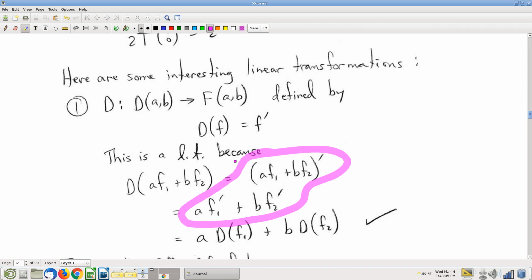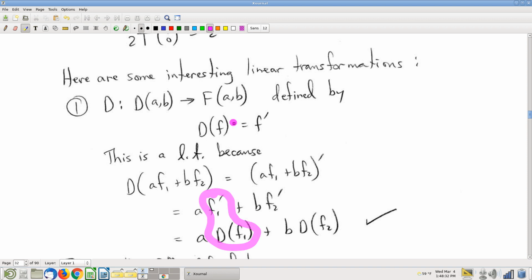But if you look back in your single variable calculus notes, you will find that there is somewhere written down the fact that differentiation of a sum is the sum of the individual derivatives. And differentiation of a scalar times a function is the scalar times the individual derivative. So, Calc 1. And then I just observe that, well, look at that.